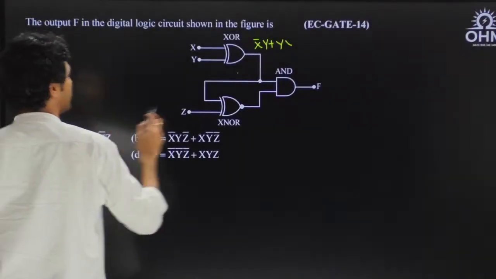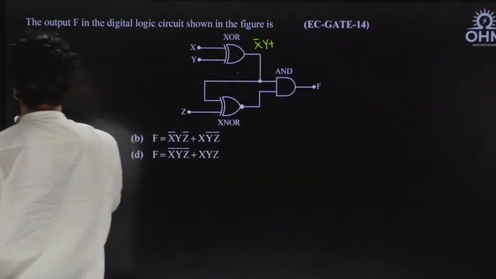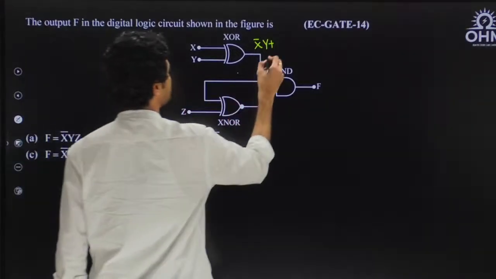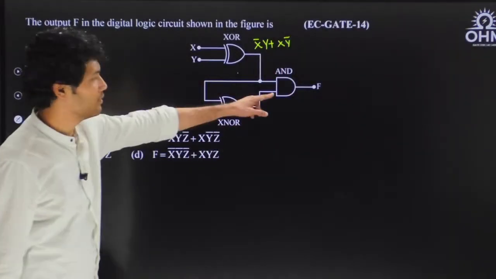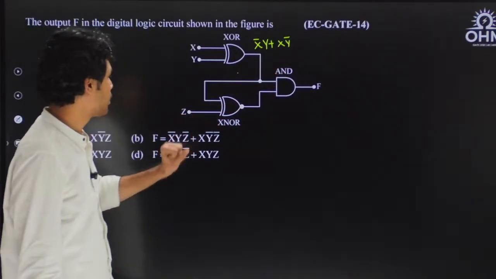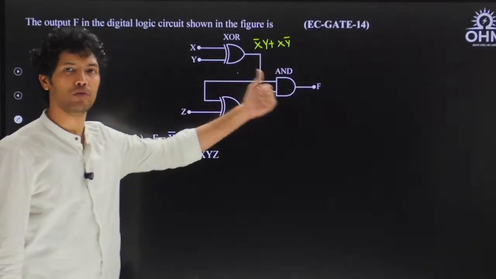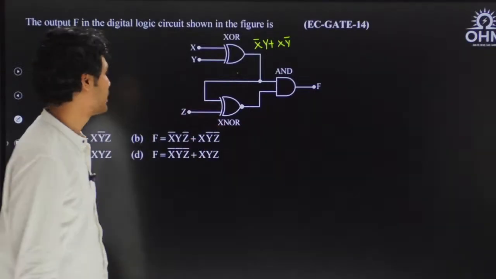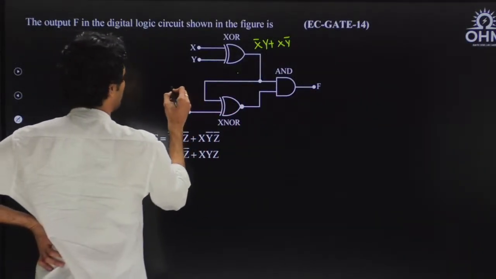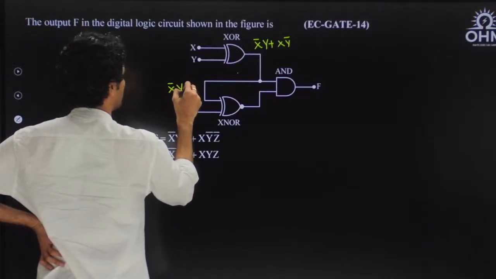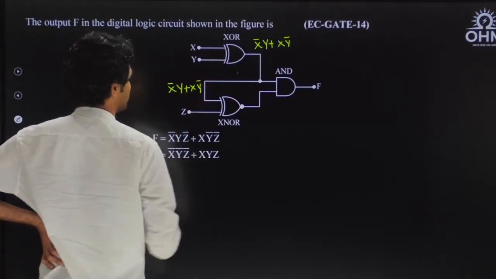That is the output of XOR gate, right? That is basically the output of XOR gate. x, y bar. Okay. Since it is AND, we'll try the normal method first, and if it does not work out, then we'll go for the minterms format. Then what about this guy? Here, please notice the input is nothing but x bar y plus x y bar.